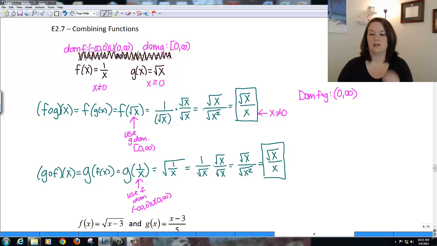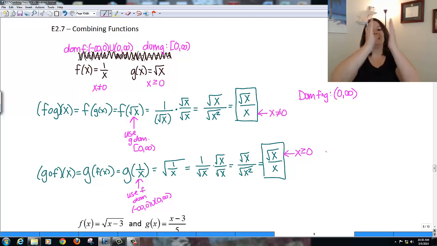So I already know we started out with the domain of f, which was everything except 0. That accommodates this denominator here. I know I can't plug 0 in, so the denominator is never going to be 0. However, I have the added stipulation of this top piece, which is a radicand from an even root, so we know that x has to be greater than or equal to 0. So now not only can we say we can't use 0, but we can only use things that are greater than or equal to 0.